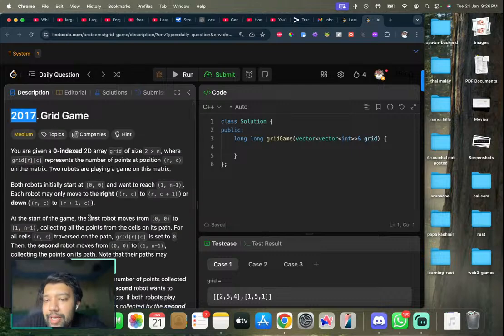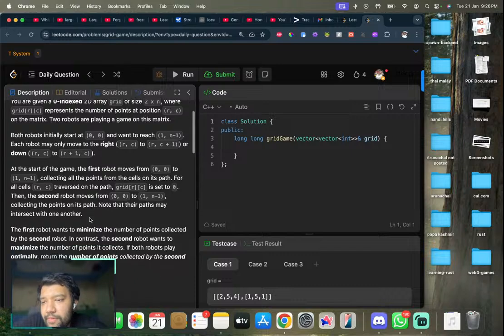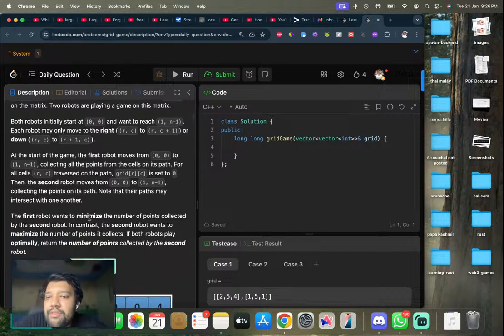Each robot may only move to the right, (r, c+1), or down, (r+1, c). At the start of the game, the first robot moves from (0, 0) to (1, n minus 1), collecting all the points from the cells on its path.